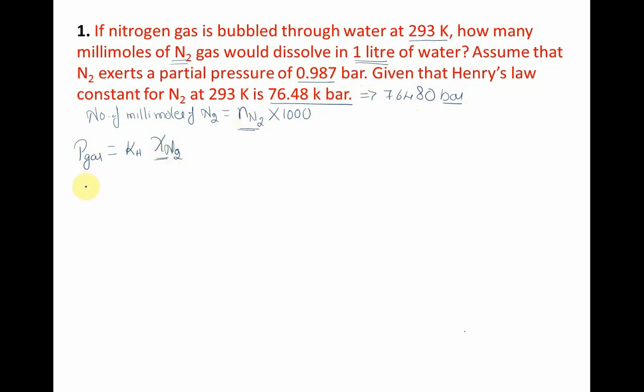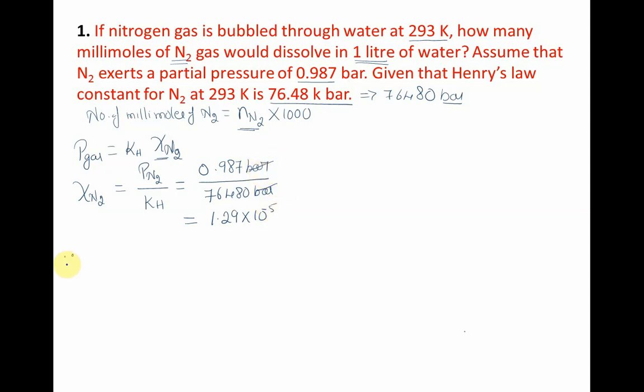Therefore, mole fraction of nitrogen or solubility of nitrogen is always equal to partial pressure of nitrogen by Henry's constant. Partial pressure of nitrogen is 0.987 bar by 76480 bar. So what value are we getting here? 1.29 into 10 to the power of minus 5. Bar and bar get cancelled.